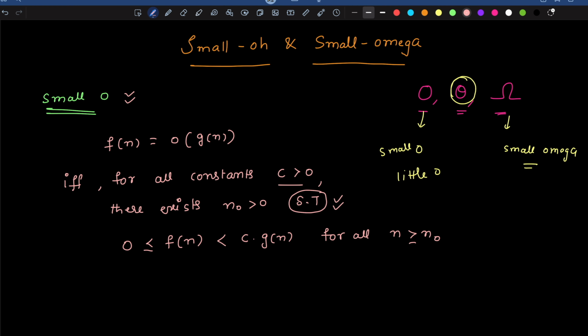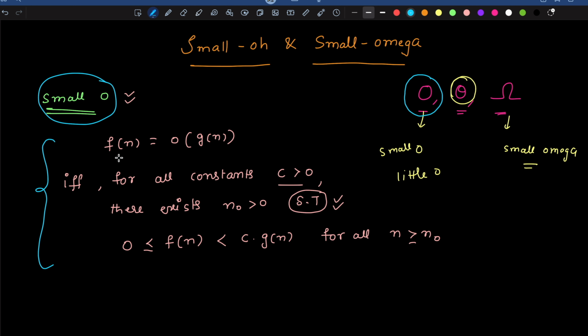So this is the definition of a small o. Now we need to learn one important thing here: what is the difference between the big O and the small o? This is the mathematical definition of a small o. Let me repeat it one more time.